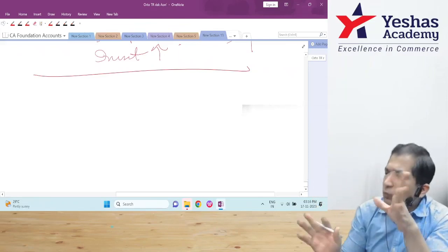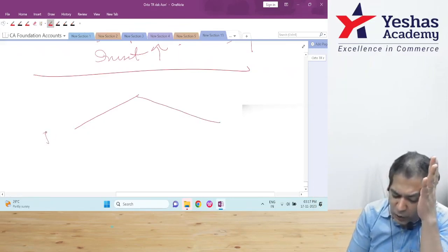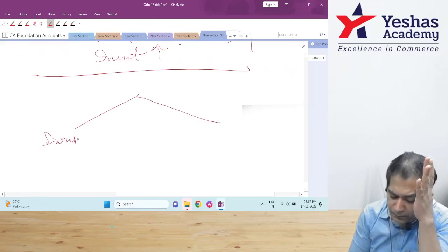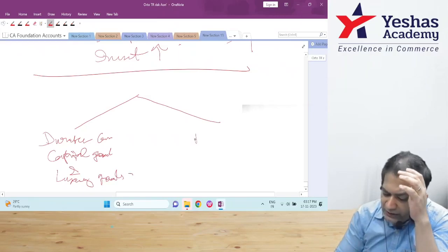So here you have two categories of goods. On one side, rather three categories. On one side, you have durable goods, capital goods, and luxury goods. On the other side, you have non-durable goods and services.